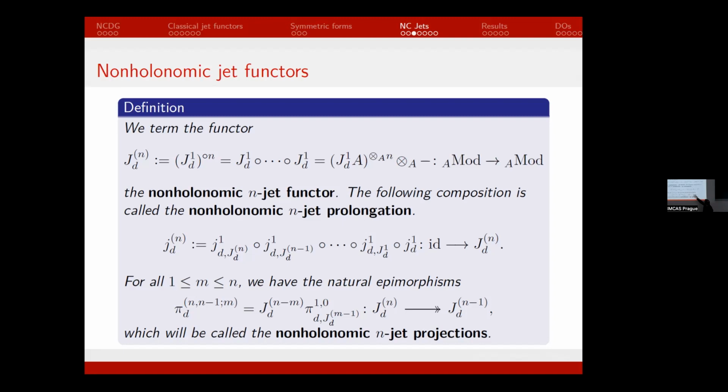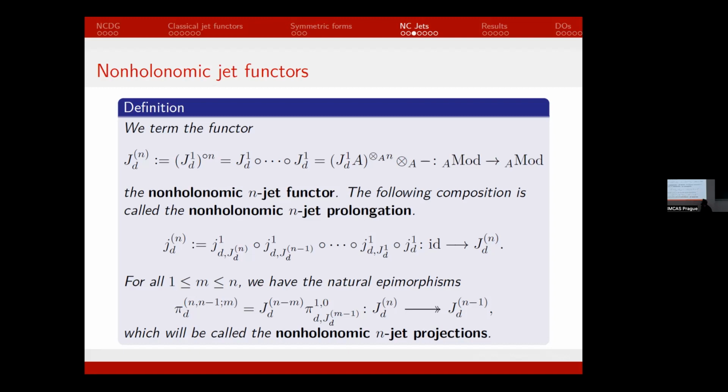Just to give definitions, we have the non-holonomic jet prolongation, which is the composition of the prolongation, and therefore it corresponds to tensoring by one on the left several times, n times, to be precise. And we have the non-holonomic jet projection, which corresponds to taking the product in every single position.